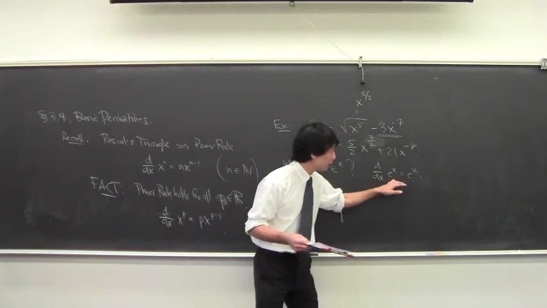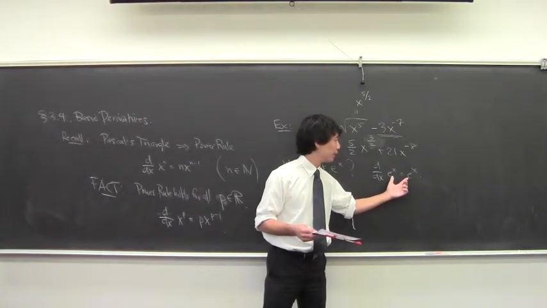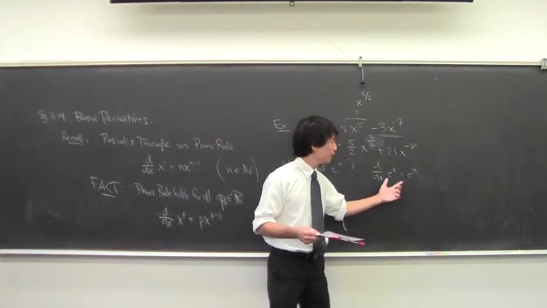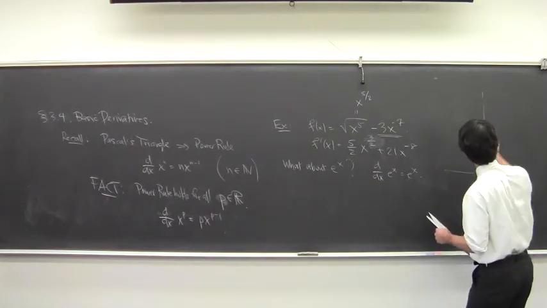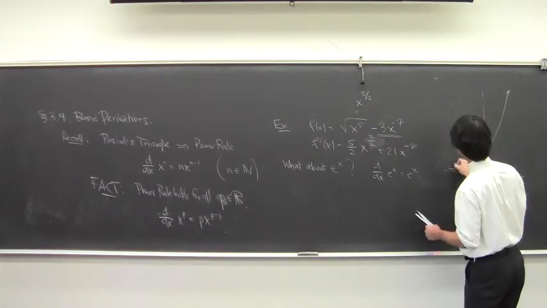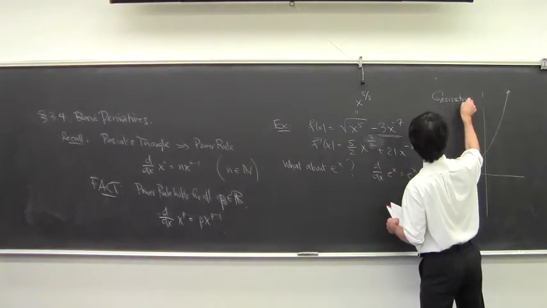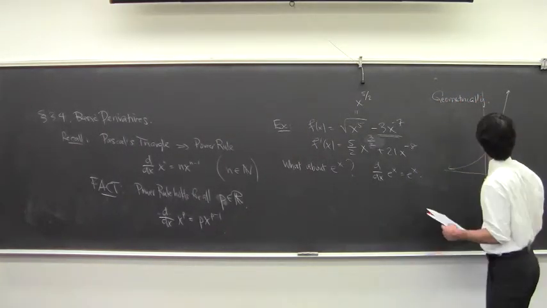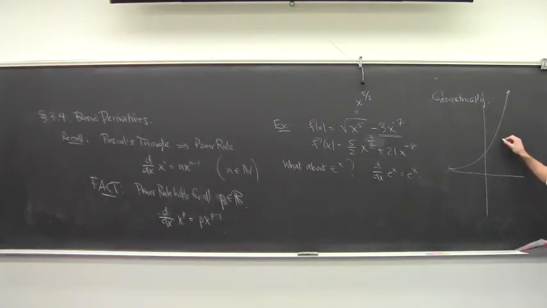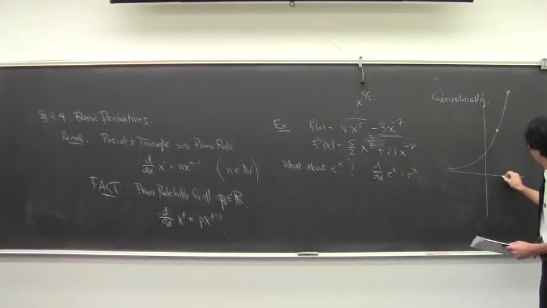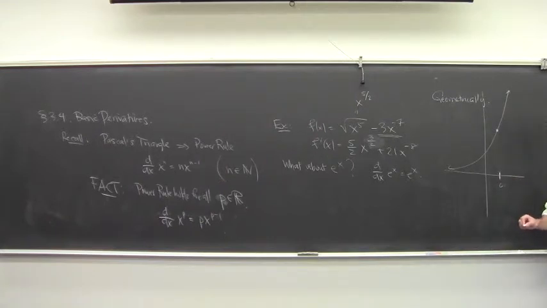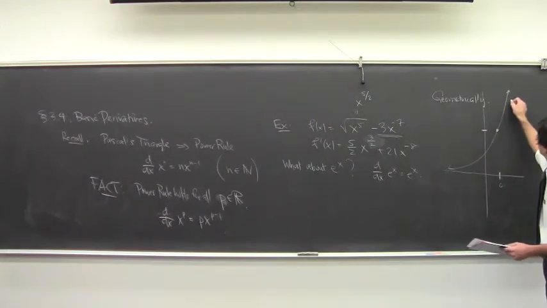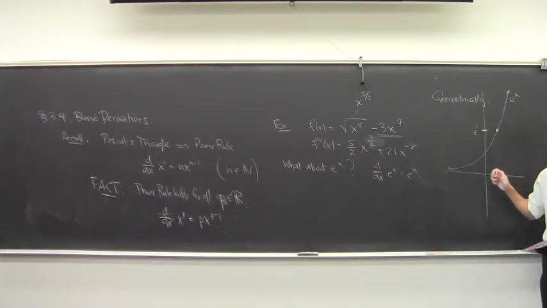So the exponential function is the only function that has this property. And let's think for a second geometrically what that means. It means that if I am at some point c, then the height here, if this is the exponential function, is e of c.